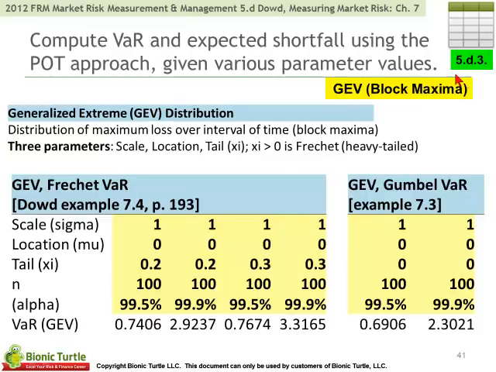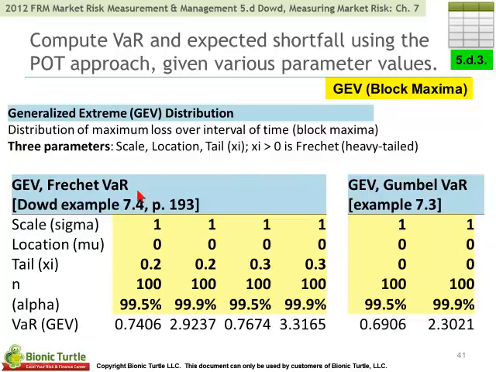Now in 5D3, I do have concrete illustrations of both of the examples here in Dowd. That GEV, typically the most common is the block maxima there. And you notice that technically wasn't assigned in the aims, that GEV. That's the more traditional one where we slice the historical time into blocks.